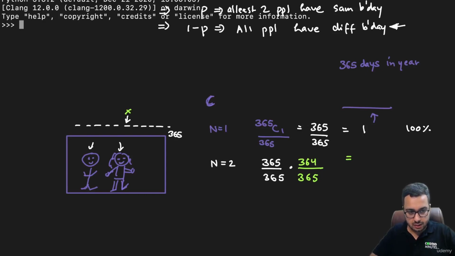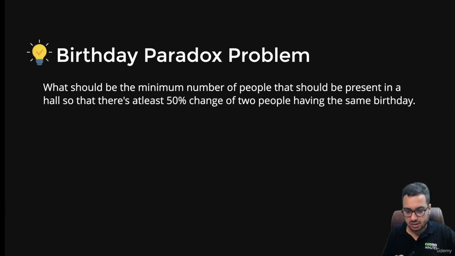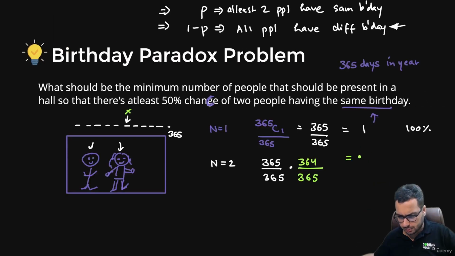P2 is 364 divided by 365, which is 99.72. That means there is a 99.72% chance that these two people will have different birthdays.